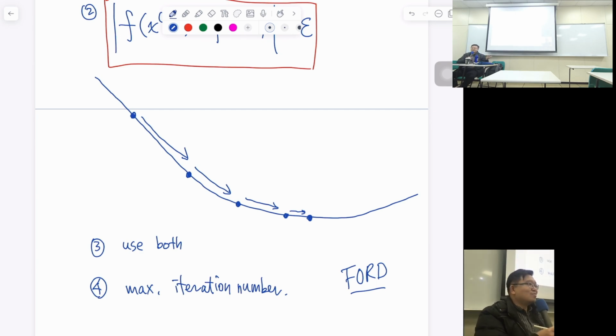There are thousands of design variables inside the car. So sometimes the iteration number cannot be too large. You don't have infinite time, infinite resources, or infinite budget to do optimization.